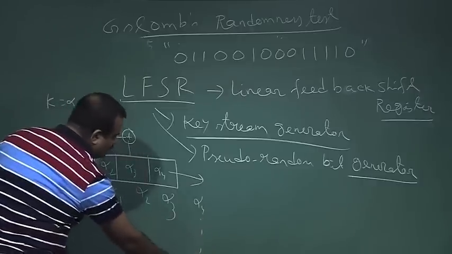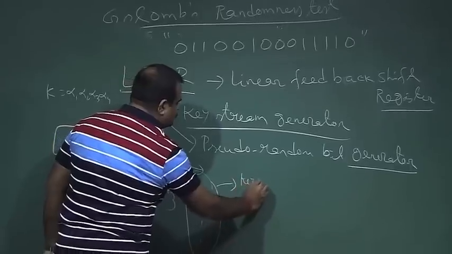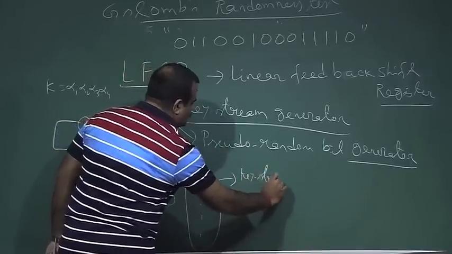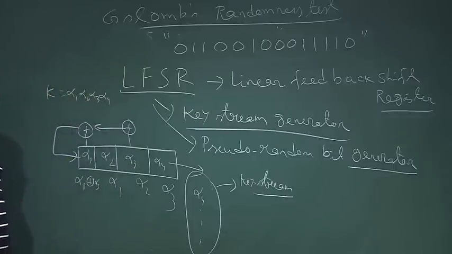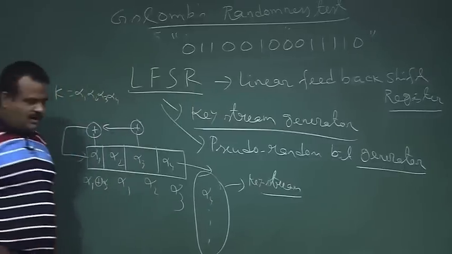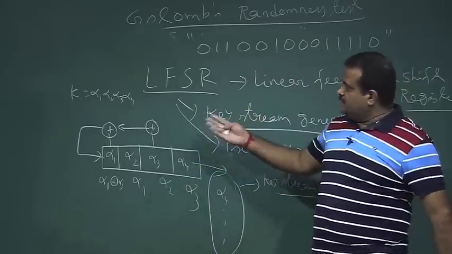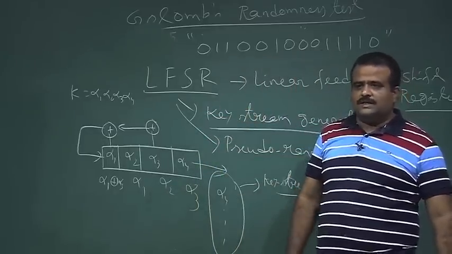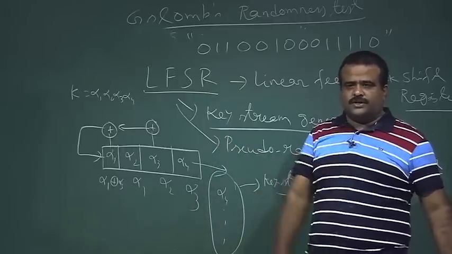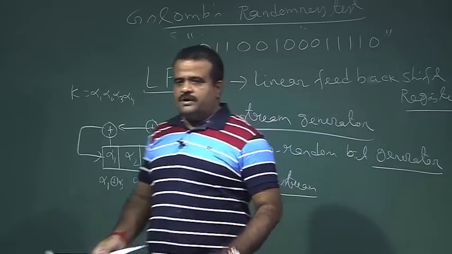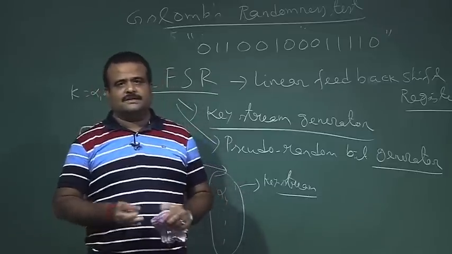This way we continue and we get a key stream. This key stream is a pseudo random bit sequence. We will see the connection between LFSR and the polynomial. If we choose a good polynomial like a primitive polynomial, then it will give us a good sequence. So, it is a good pseudo random bit generator depending on the choice of the polynomial. Those we will discuss in the next class. Thank you.